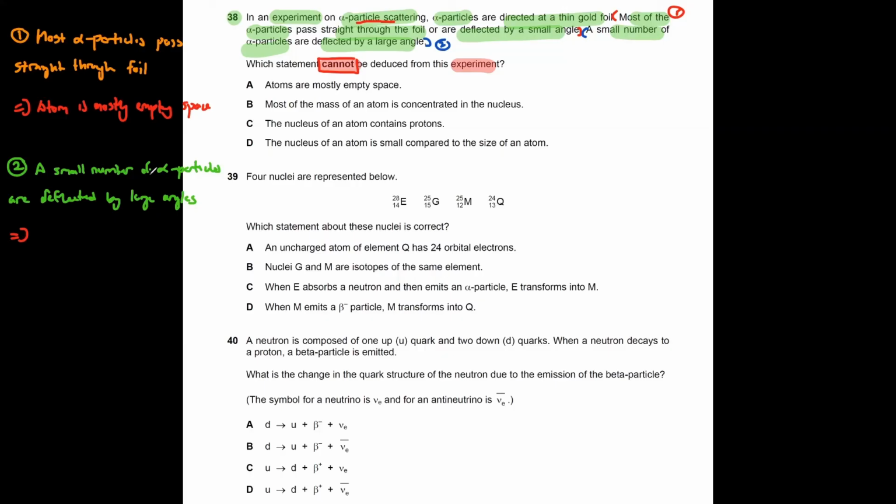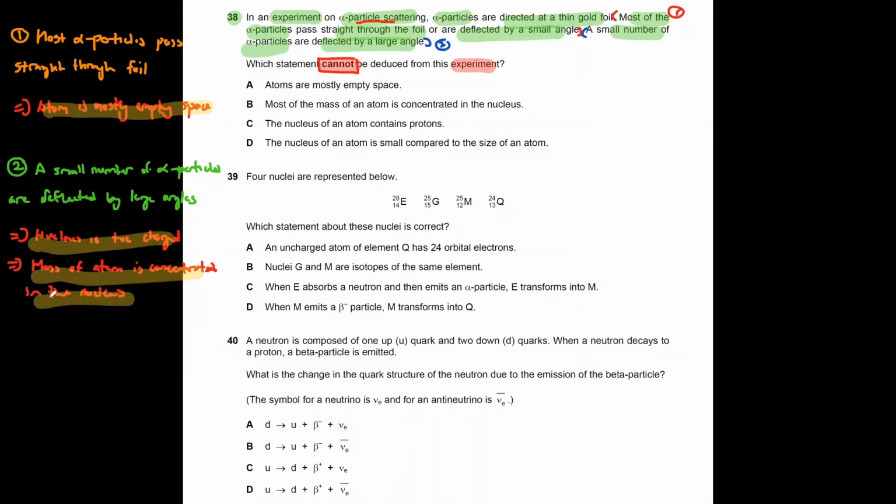The first one being the nucleus is positively charged, and then the second one being that mass of atom is concentrated in the nucleus. So these are the three main conclusions that you will usually get from alpha particle scattering experiment. So you are supposed to see from the answer statements which is actually not within these three.